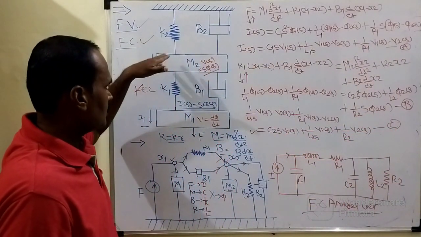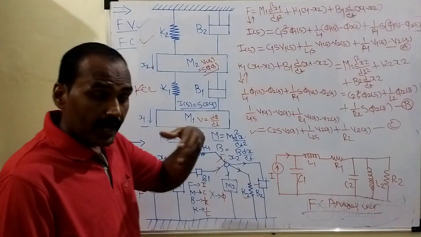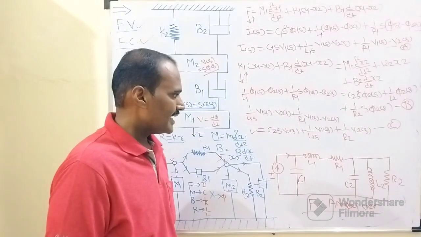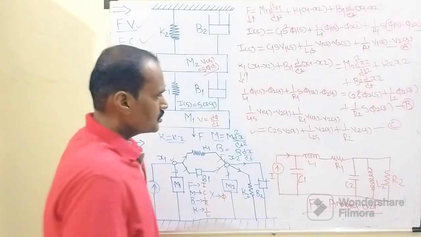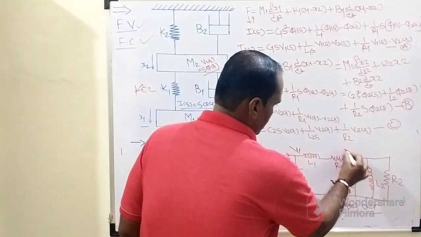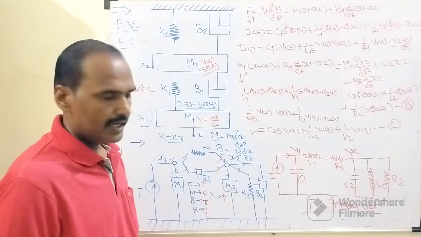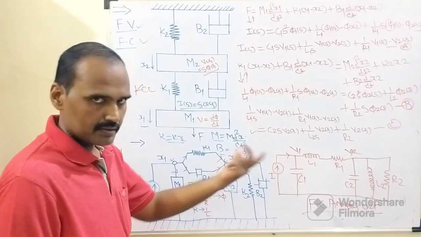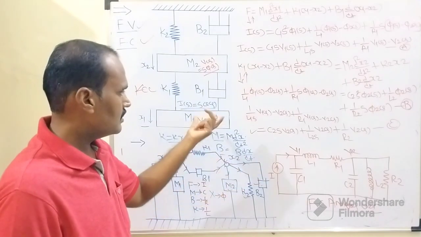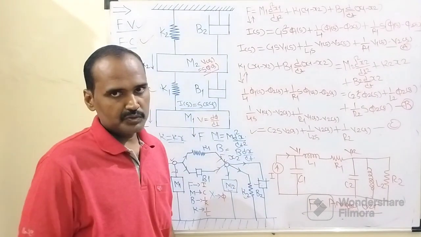There are two springs. Out of the two springs, K1 is associated with X1 and X2. Here X can be replaced as a flux, finally V. So this will be V1 and that will be V2, associated in between V1 and V2. Then this is the direction of current according to this mechanical system. So this is how the force current analogous circuit is to be drawn.